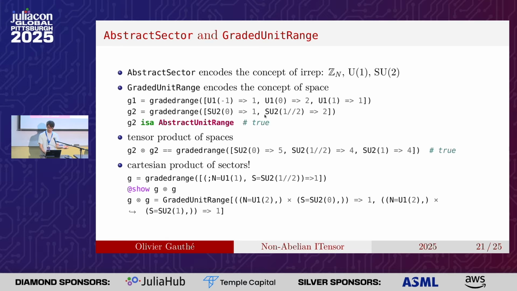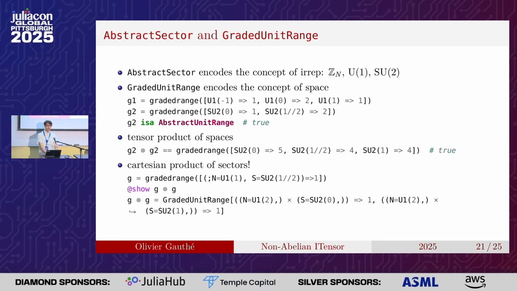As this is spin zero, this is a space made of one spin zero and two spin one half. I can define the tensor product of two spaces by computing directly with the nice Julia Unicode the tensor product of two axes, and this decomposes as a sum of irreducible representations as detailed by the fusion rule of SU2.